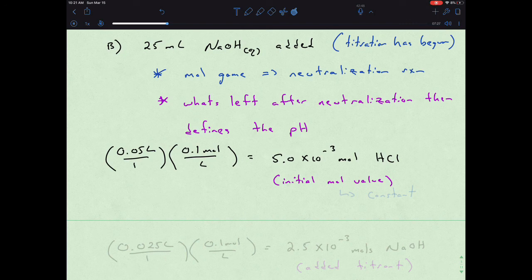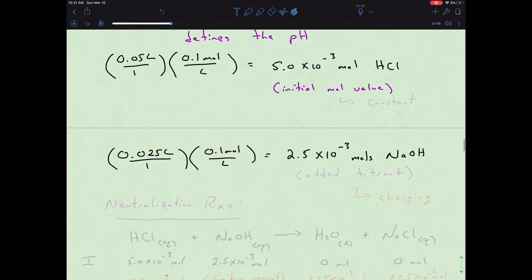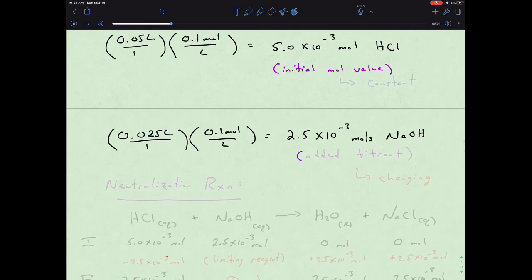We do the same thing for where we're at in terms of the titrant. So in this case, we have 0.025 liters. We're also 0.1 molar in terms of the sodium hydroxide, and so we get 2.5 times 10 to the negative third moles of sodium hydroxide. And that's our added titrant.